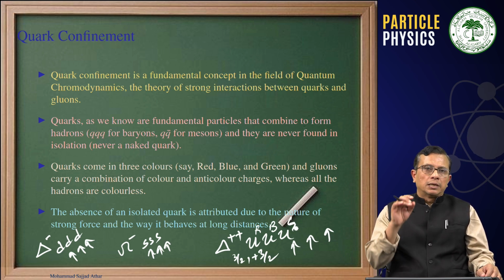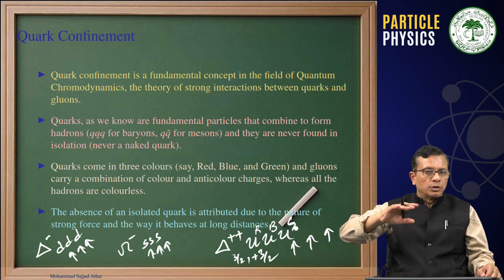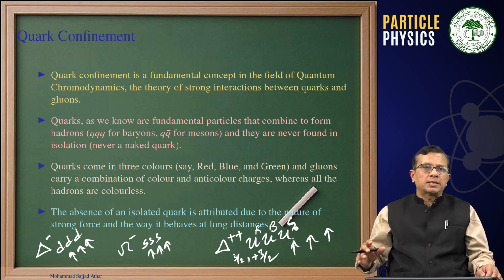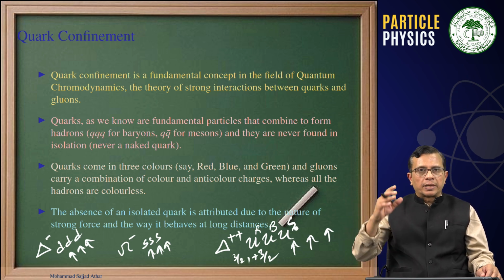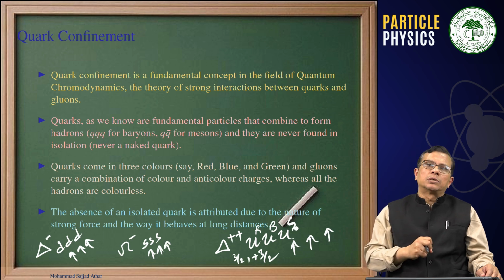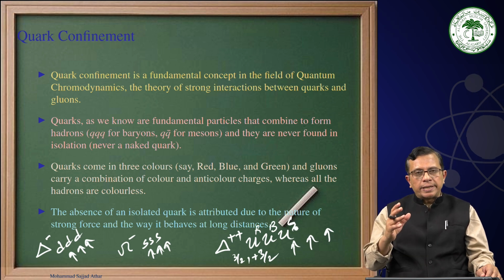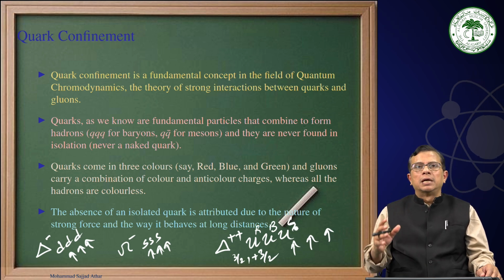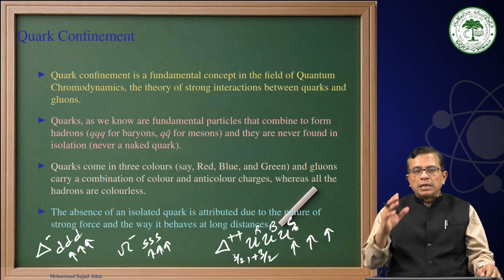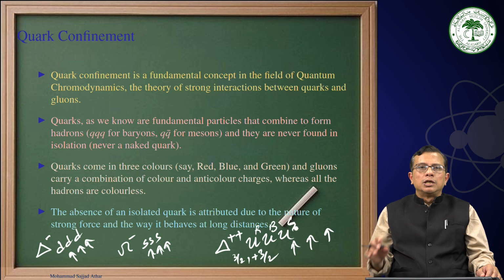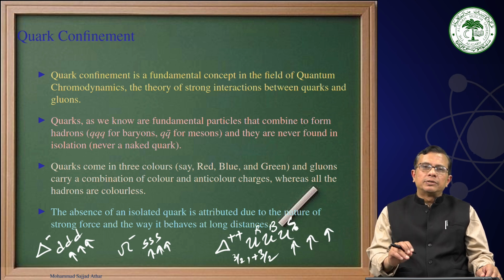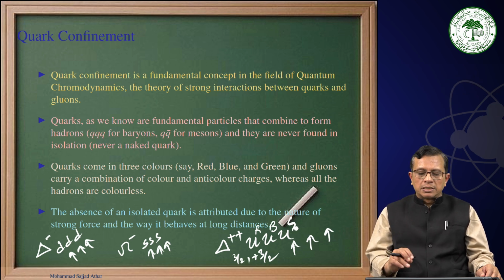At first they were introduced to theoretically understand them and to obey Pauli's exclusion principle. Then in the experiments it was found that really to understand some of the experimental data, you need to have intrinsic quantum numbers for these quarks.